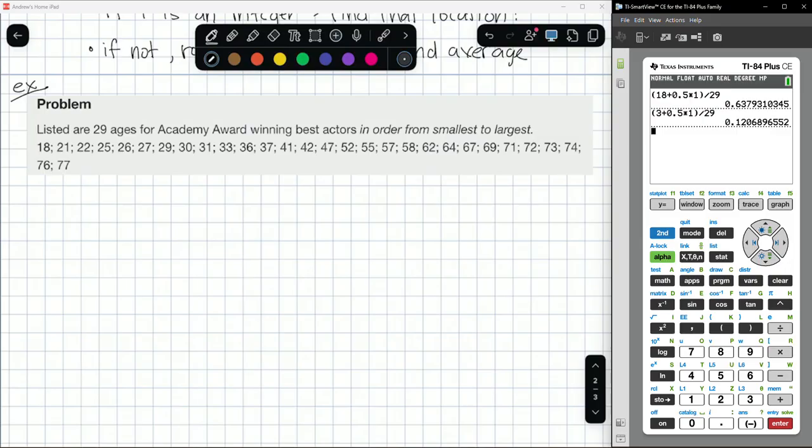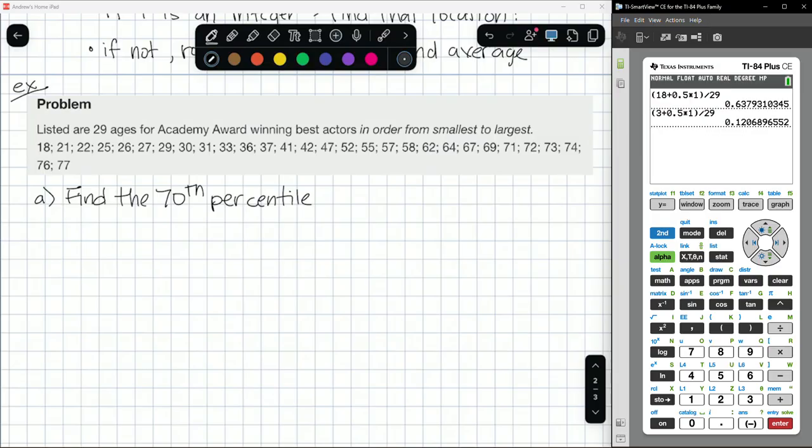So we want to find the 70th percentile. So I know this person's age is at the 70th percentile. I want to know what that age is.